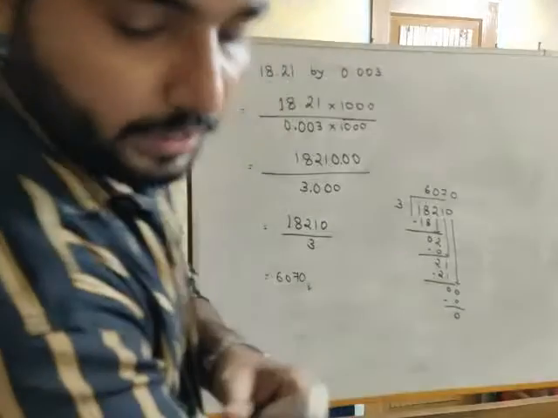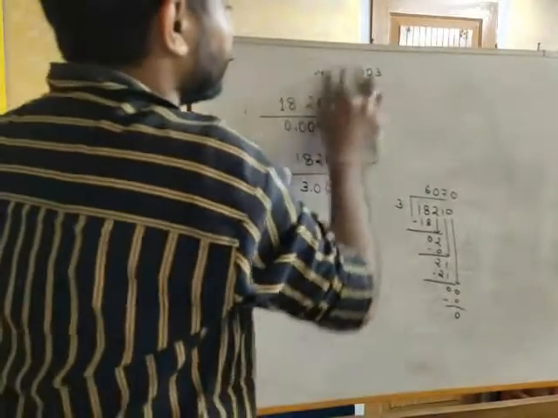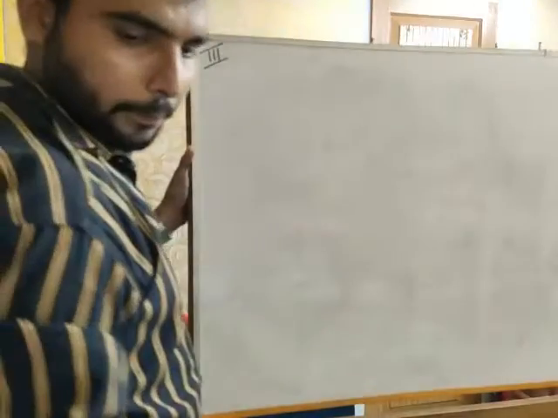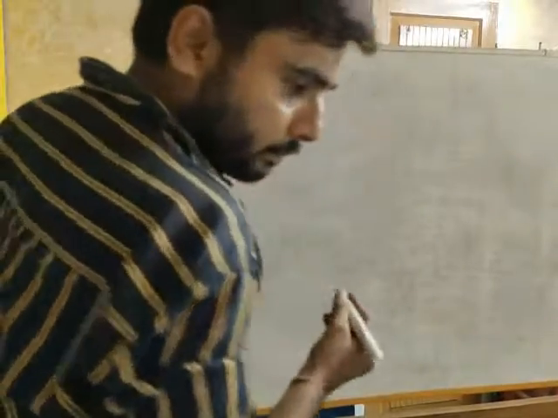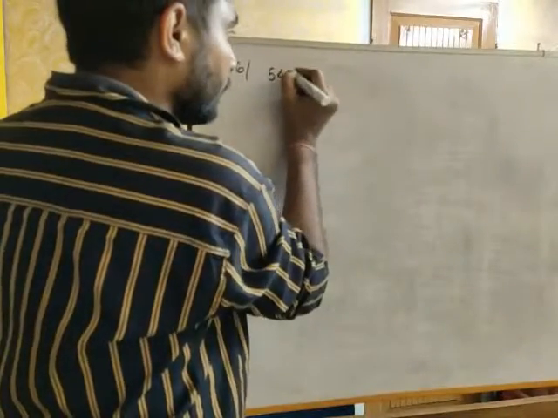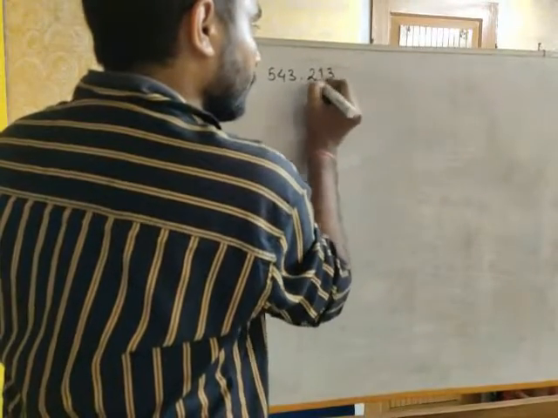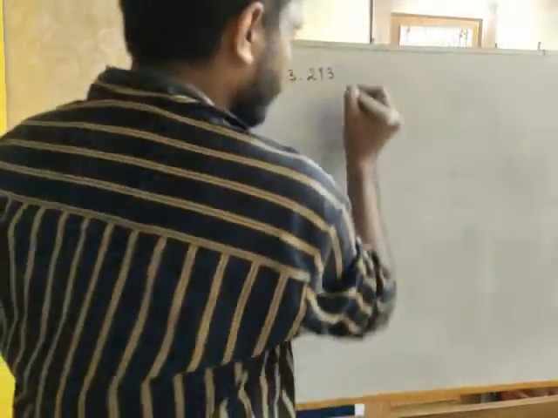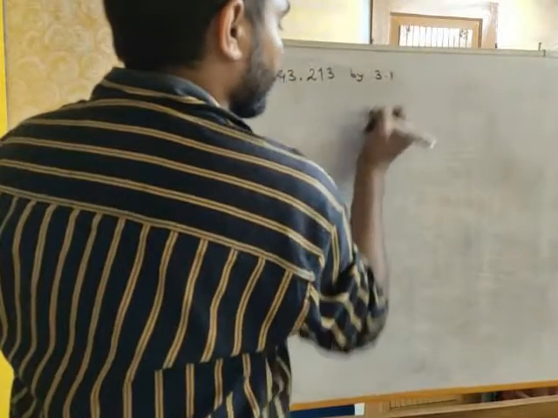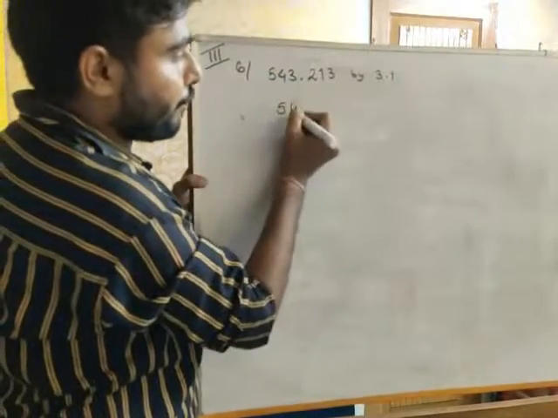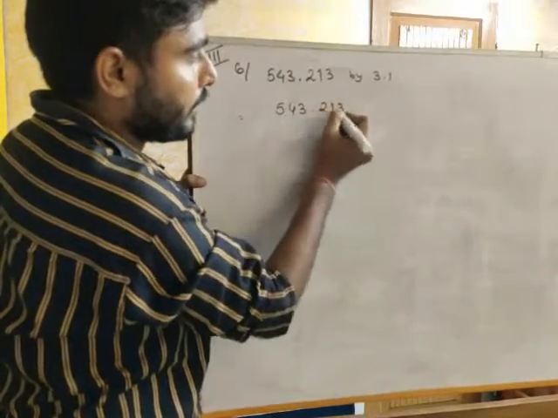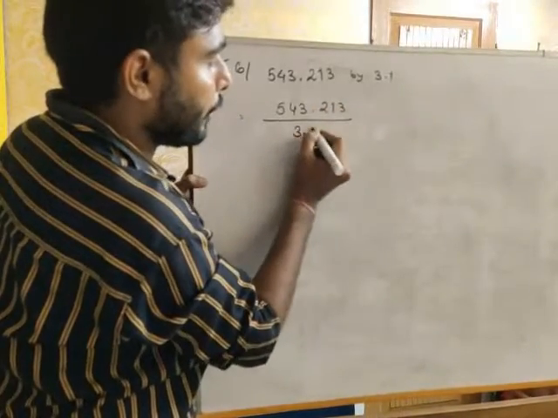Okay, let's move to number 6 then. So 543.213 divided by 3.1.